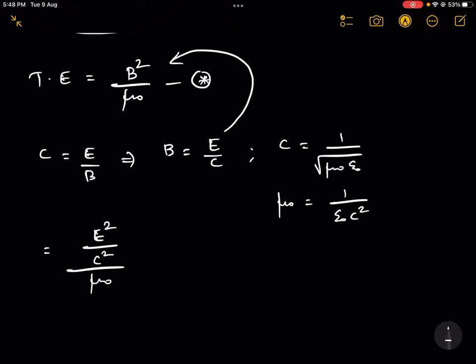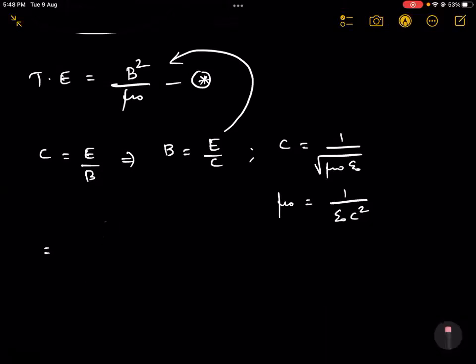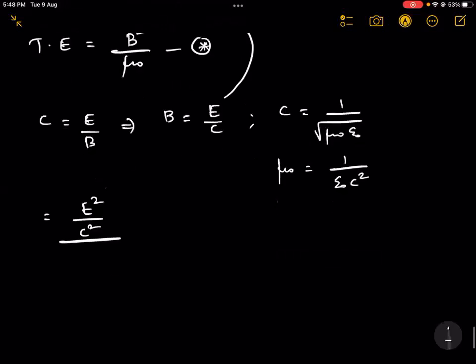Or else I'll write it like this. Can I write this as E square divided by C square, the whole divided by mu naught? How can I write it? Mu naught is 1 by epsilon naught C square. So C square and C square will get cancelled. So what is that you're left out with? Epsilon naught E square.